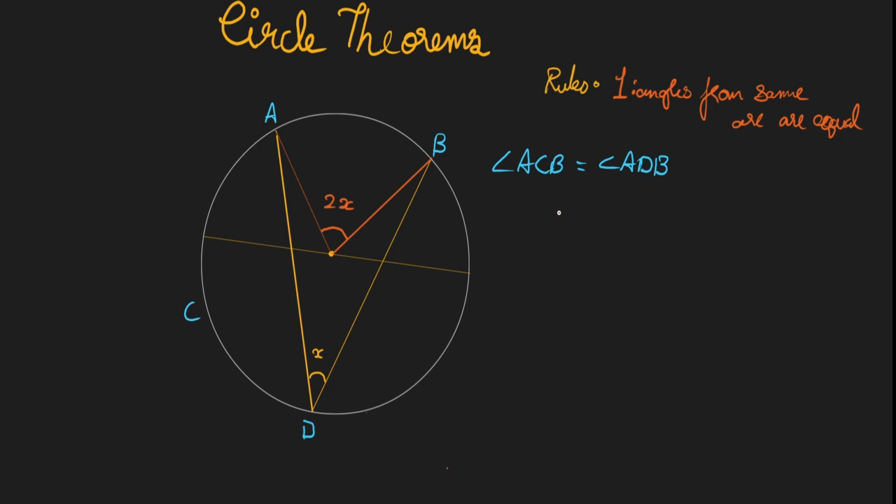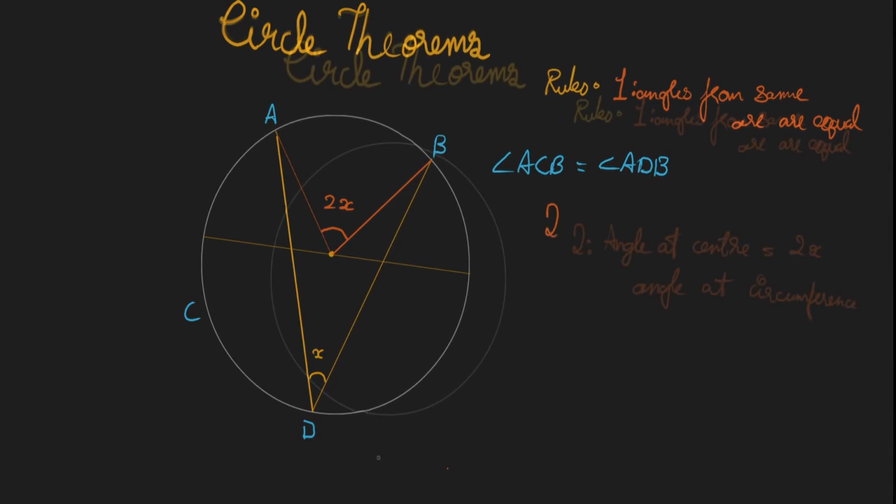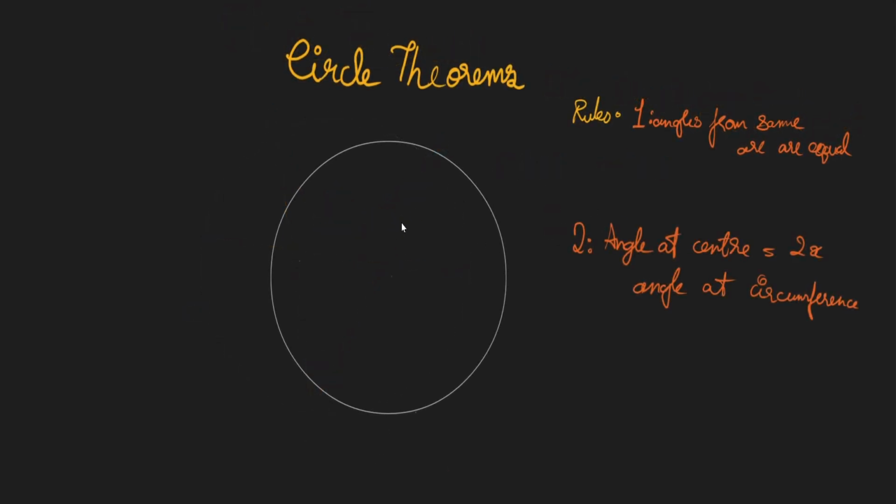So the angle at the center is twice the angle at the circumference. Now we're going to look at the next set of rules.